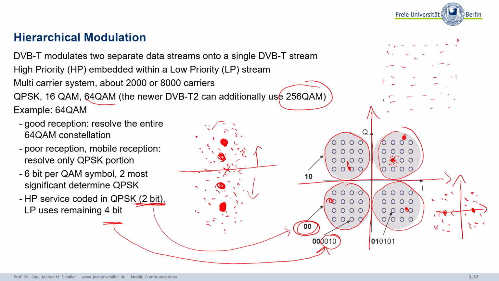Or if you know how MPEG works, you can code the different I, B and P frames with different priorities, for example. So whatever, the B frames with lower priority, something like this. So different ways of coding hierarchical modulation.